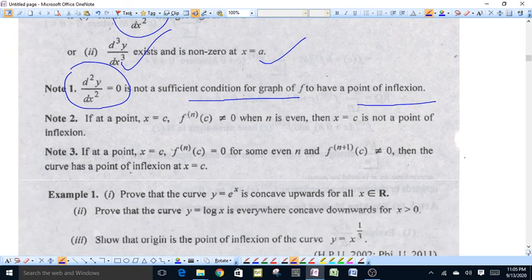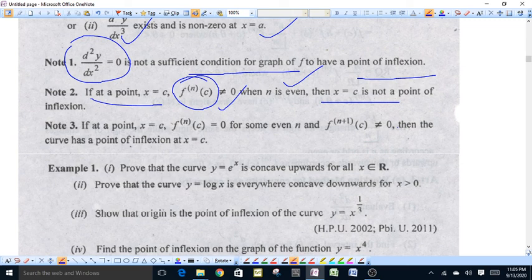In general, at a point x = c, if f^n(c), that is the nth order derivative at point c, is not equal to 0 when n is even, then x = c is not a point of inflection.